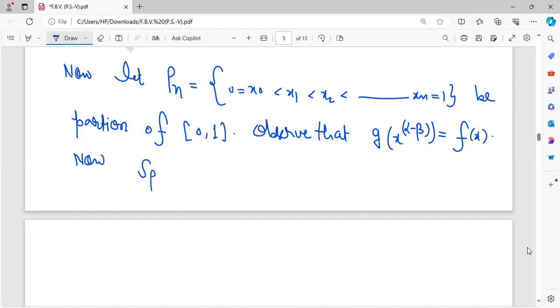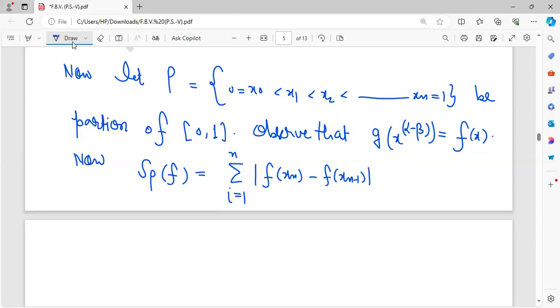Now S(P, f) is going to be the summation, i goes from 1 to n, of |f(xi) minus f(x(i-1))|.